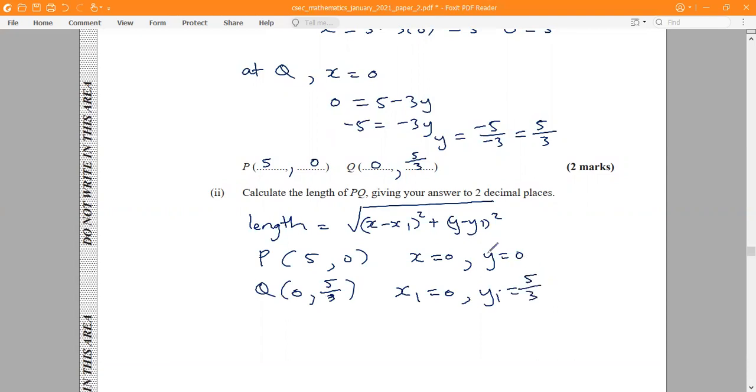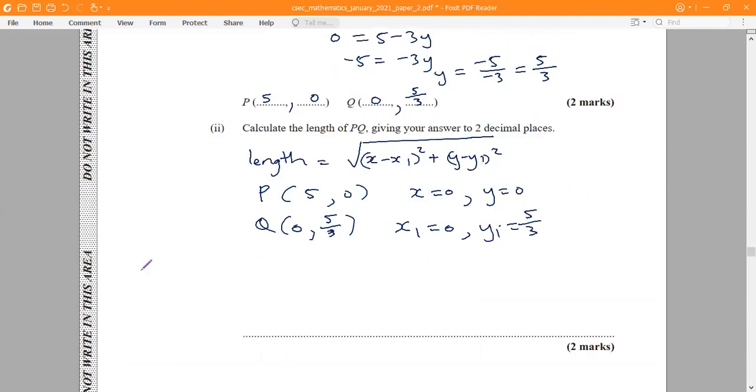So let's substitute these values into the formula. So now we have the length PQ being equal to the square root of x minus x1, sorry, that's one correction.